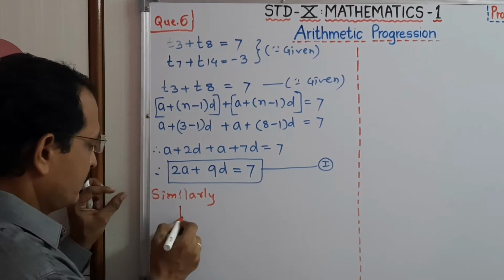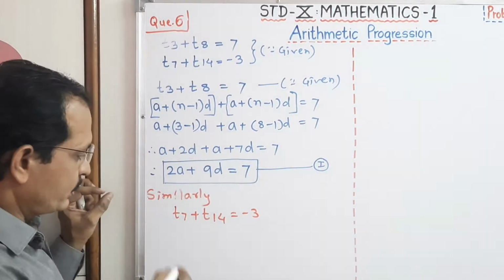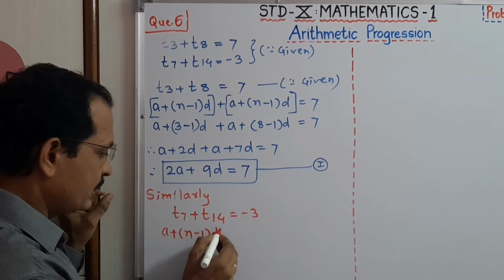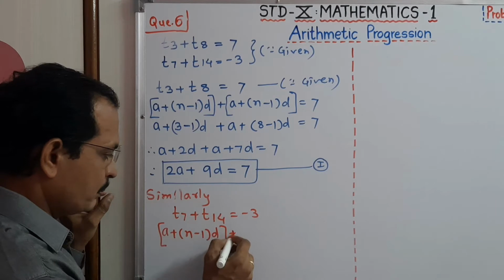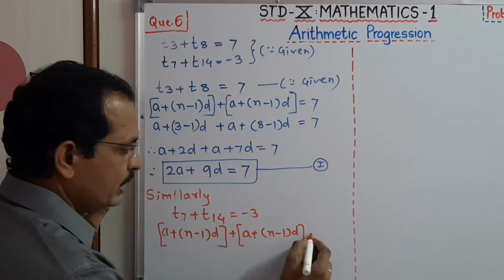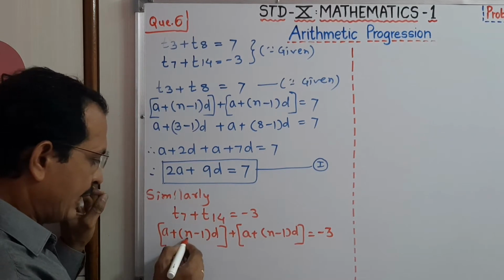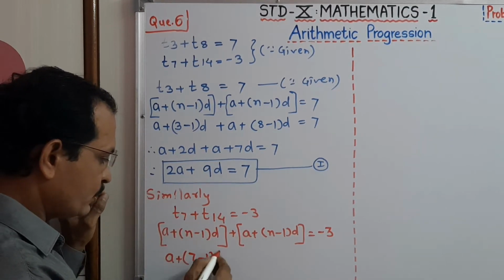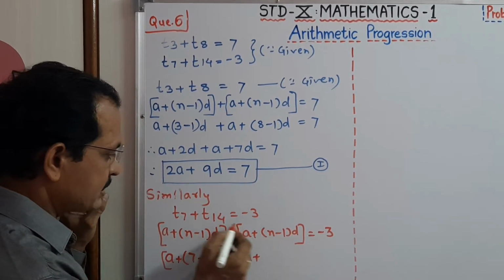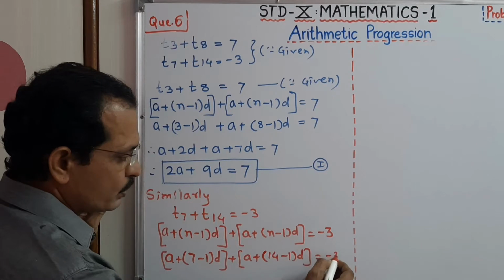Now see here, similarly T7 plus T14 is equal to -3. Now dear students, see here, A plus n minus 1 into D, this is for T7, plus A plus n minus 1 into D, this is for T14, and it is -3. Now see, A plus n is 7 minus 1 into D, plus A plus n means 14 here, minus 1 into D is equal to -3.